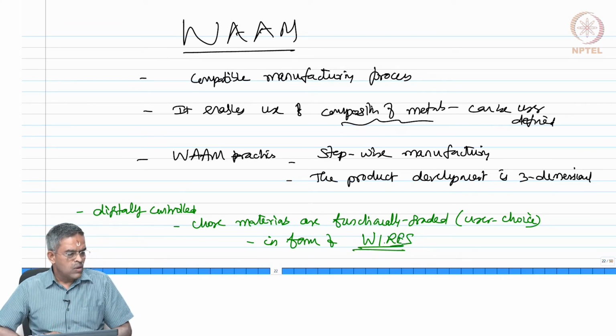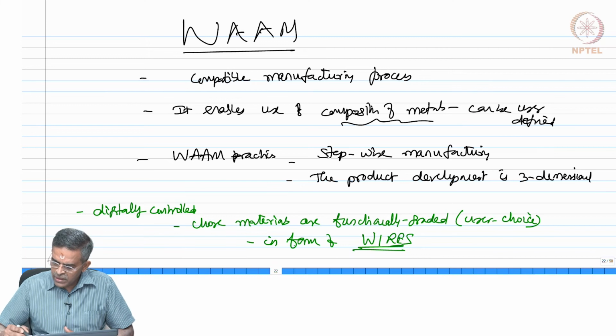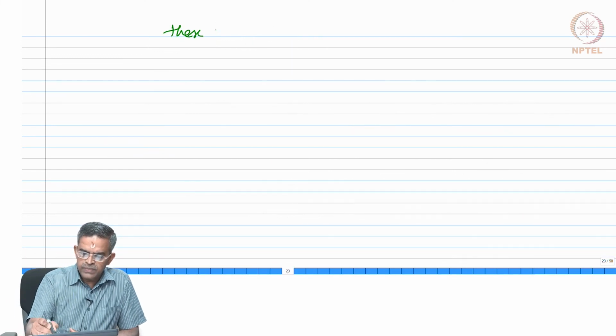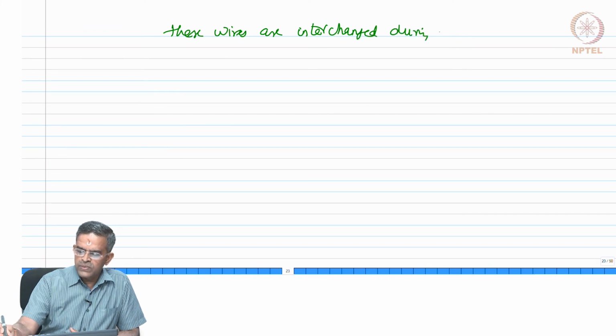That is why it is called wire arc additive manufacturing. And these wires are interchanged during the deposition process.